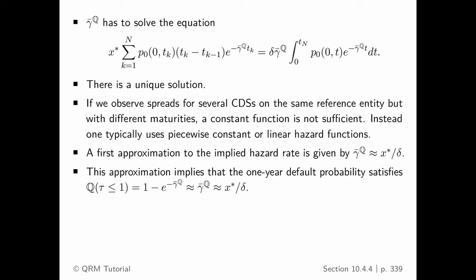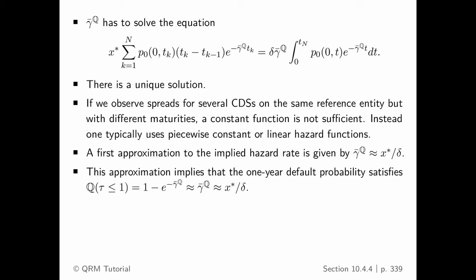This is the value of the premium payments for the given risk-neutral spread. That's the value of the default payments for the given gamma Q. Now, if you think about it, you can also show it, but economically it's sort of clear.